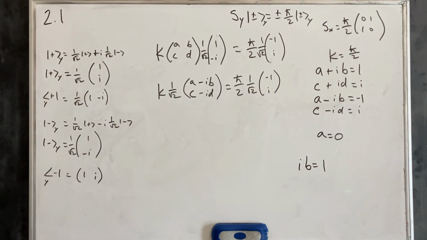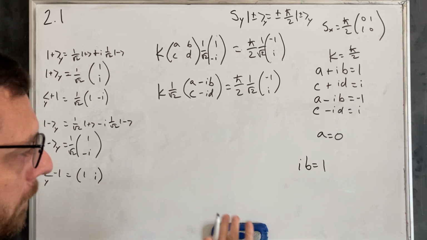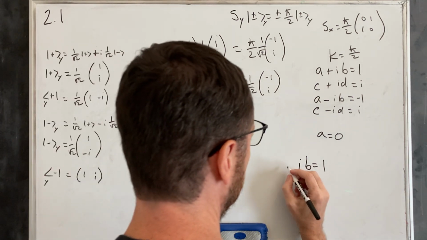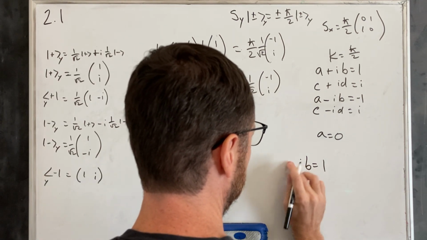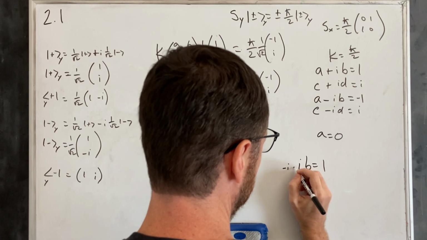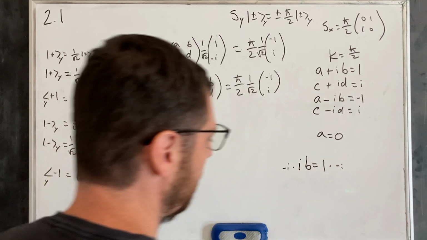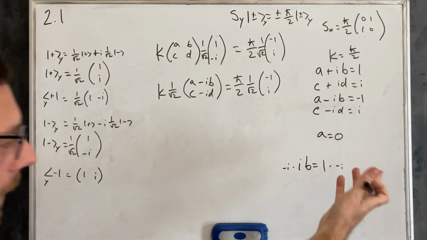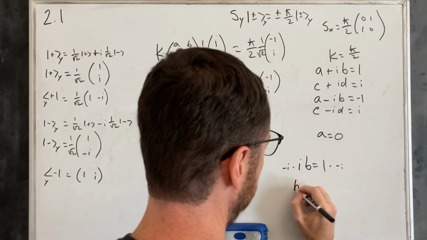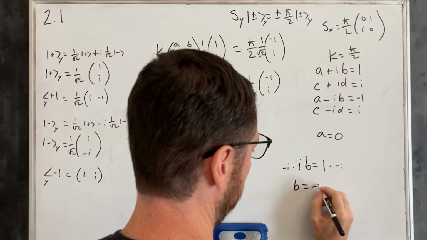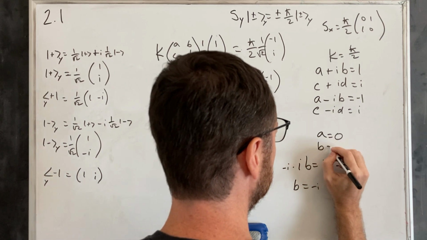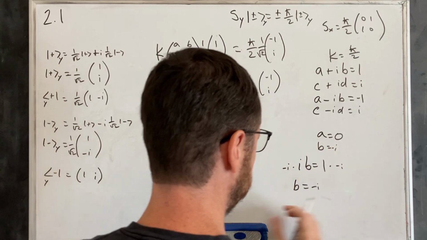And if ib is equal to 1, what we can do is multiply both sides by negative i. So negative i times i is just 1, so that becomes b equals negative i. So b is equal to negative i.